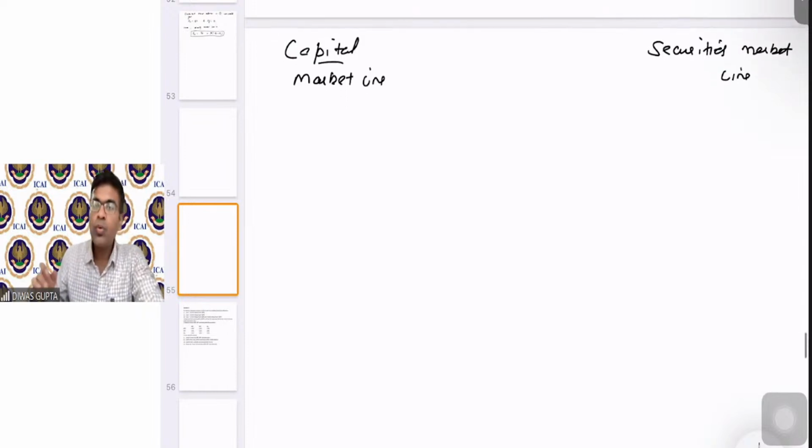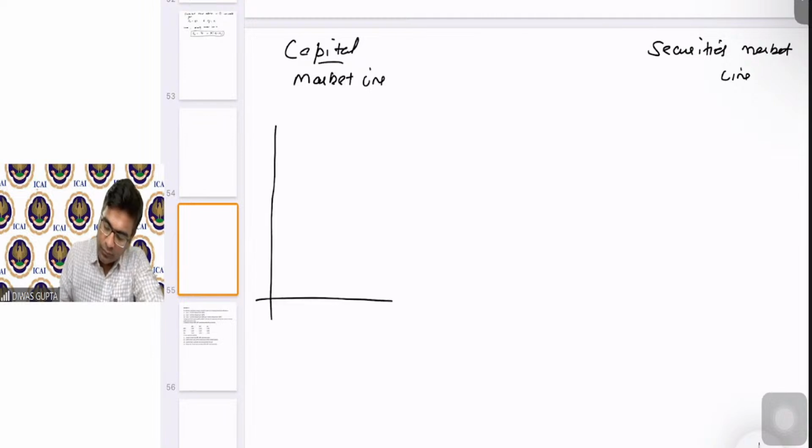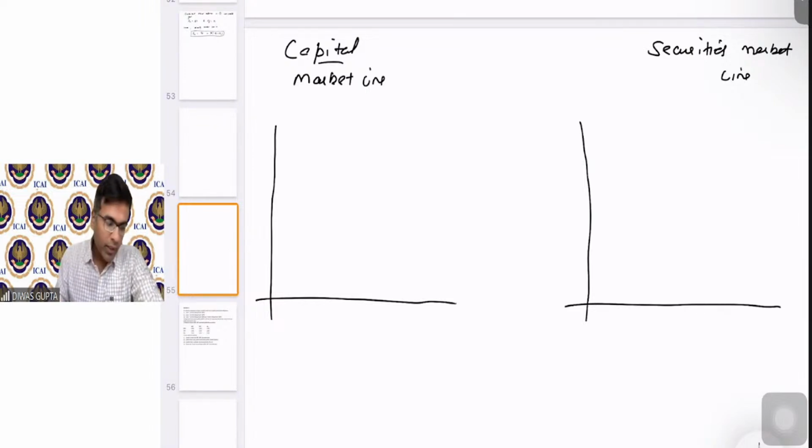So there are these two terminologies, capital market line and securities market line. On this x-axis, in this case, there is standard deviation.